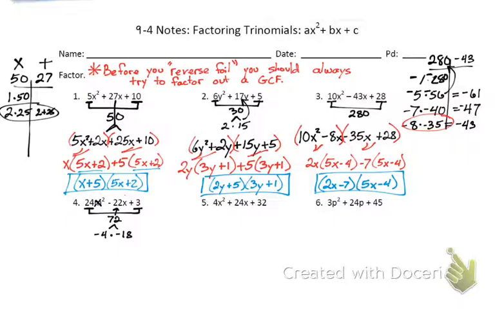Negative 4 plus negative 18 makes negative 22. So that's what I'm going to use. So now I write 24x squared minus 4x minus 18x plus 3, and I'm ready to group factor.